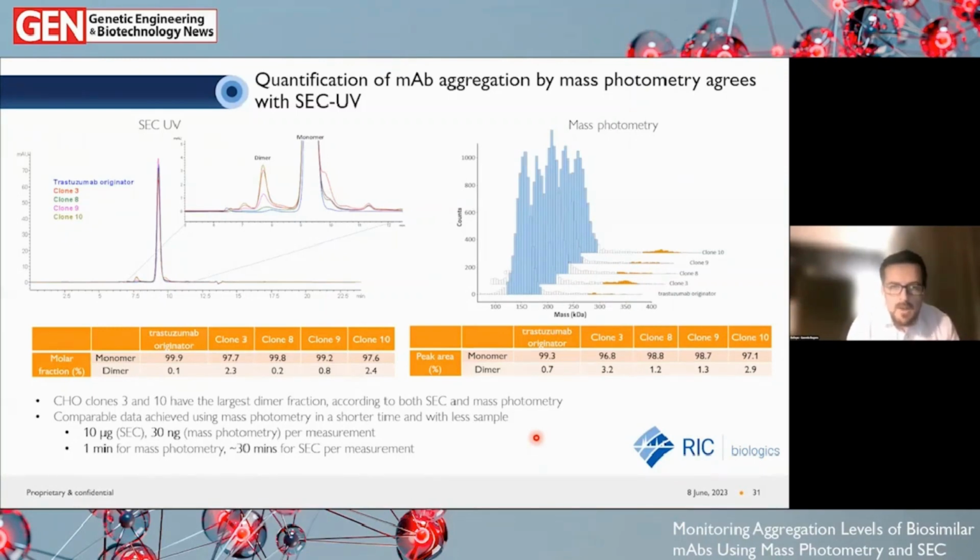And as I said, in some cases there are examples where we've worked with sub-nanogram sample quantities also. For these mass photometry measurements, running the measurement itself takes a minute or so, and then an additional couple of minutes for analyzing the results in our analysis software, DiscoverMP. For the SEC approach, dependent upon the conditions used, in this case it took approximately 30 minutes per measurement.